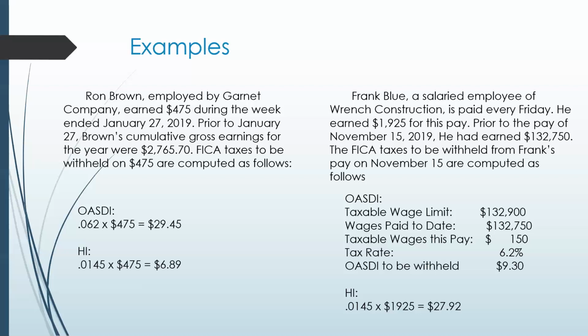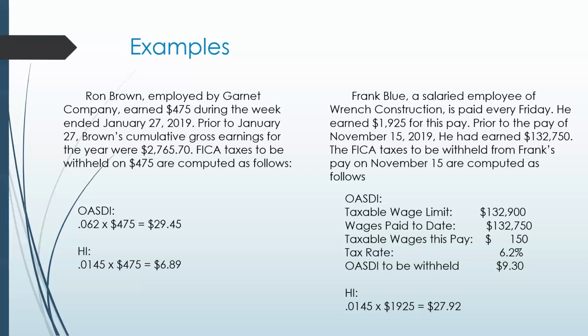On the right-hand side, we have Frank Blue, who is a salaried employee of Wrench Constructions, paid every Friday. He earned $1,925 for this pay. Prior to this pay of November 15th, he had earned $132,750. The FICA taxes are as follows. So we know on this case, the wage limit is $132,900.